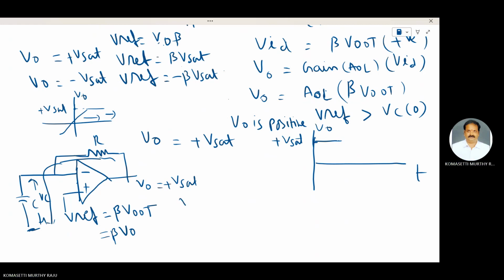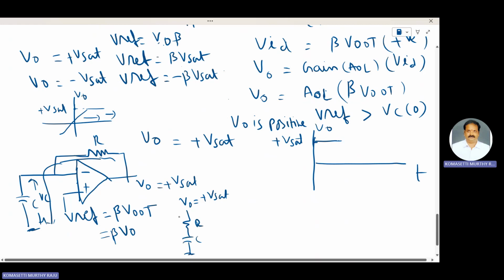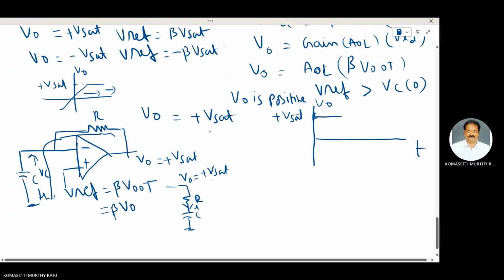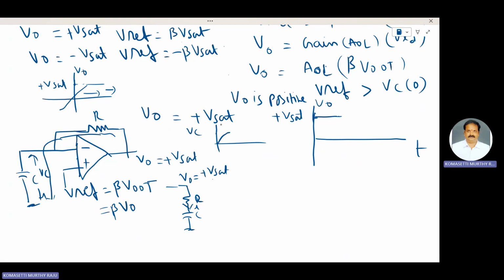Because V naught is equal to plus V set, and a resistance and capacitor are connected like that, the current I is obtained due to this V set. With the help of that current, the capacitor charges towards plus V set. Here VC goes towards plus V set.